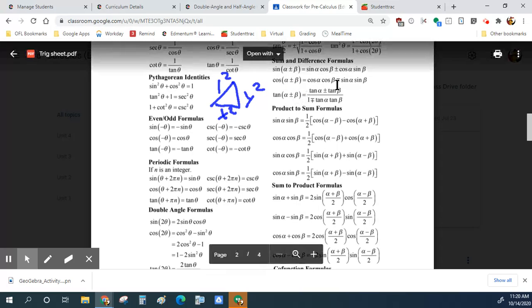They're not different angles, they're the same angle. So the main thing you should see right away is that if they're both the same thing and we're adding it, it should be 2 tangent alpha. And if these two are the same, it's going to be 1 minus tangent squared alpha because they're being multiplied.